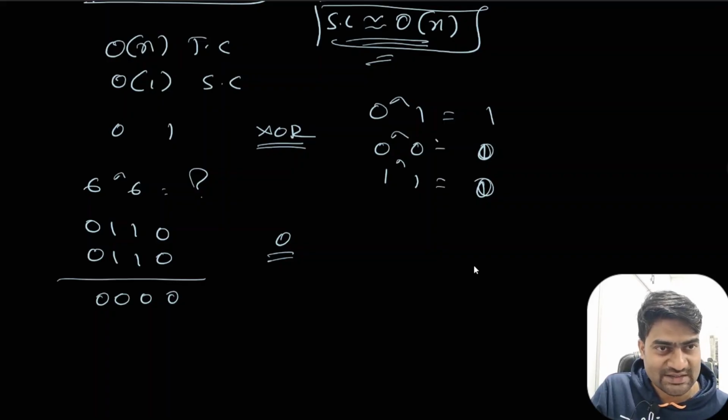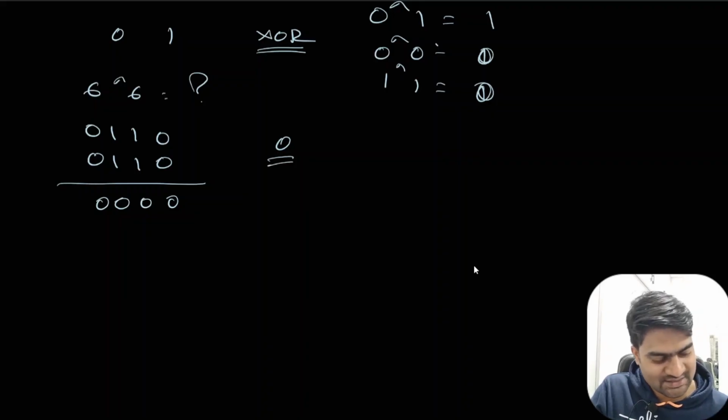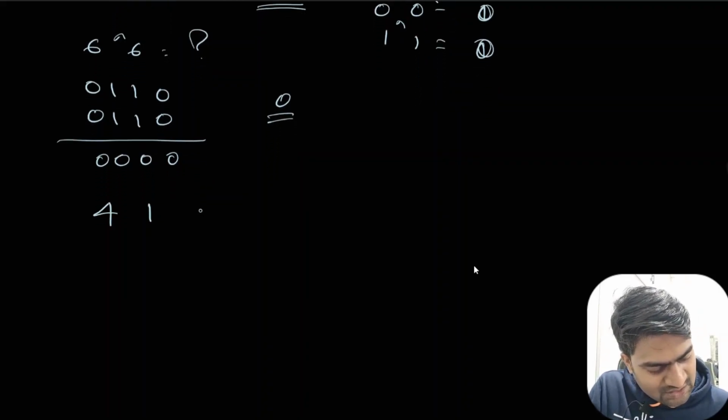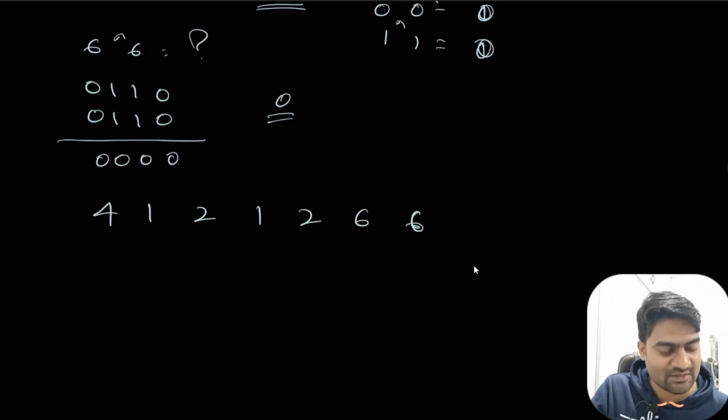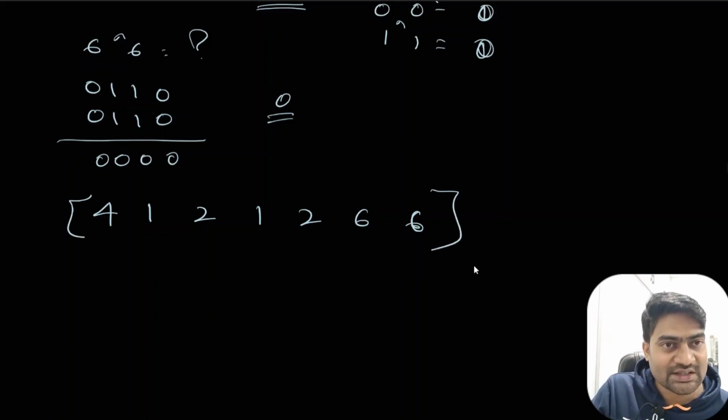So if that is the case, then here we know each number appears twice. Take the example again: 4, 1, 2, 1, 2, then 6 and 6. Now I will try to XOR the numbers.